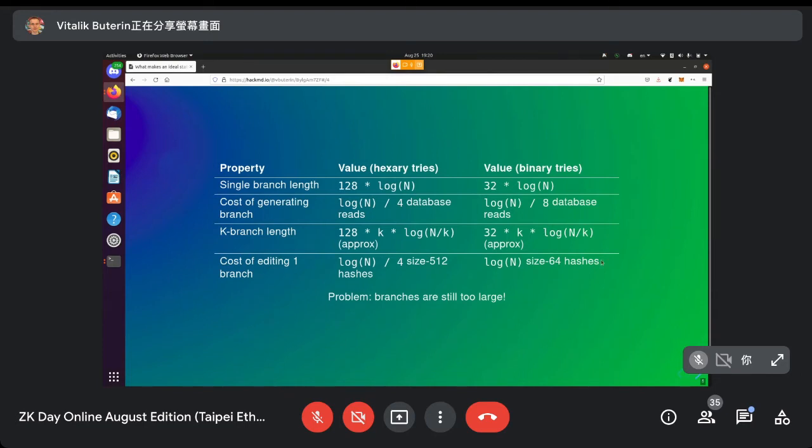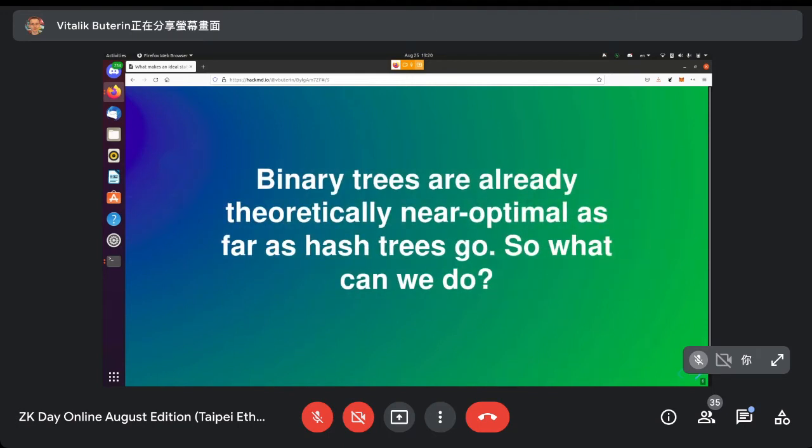These numbers are already much better, but still not good enough. We're still talking about these multi-megabyte witnesses in the worst case, and we really want witnesses to be significantly smaller than that. So what can we do, right?